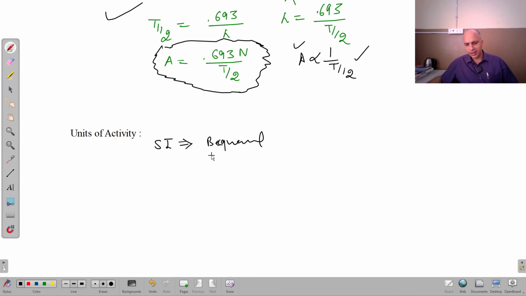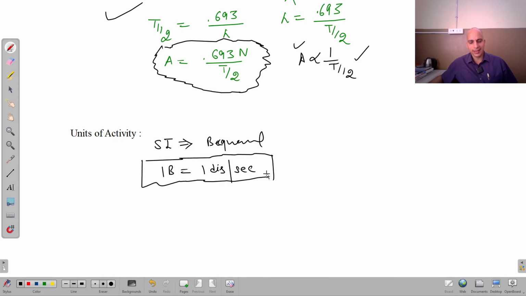It is named after Henry Becquerel, and one Becquerel means one disintegration per second. This is the SI unit, the standard unit for the measurement of activity of any radioactive sample. Once again, one Becquerel means one disintegration per second.